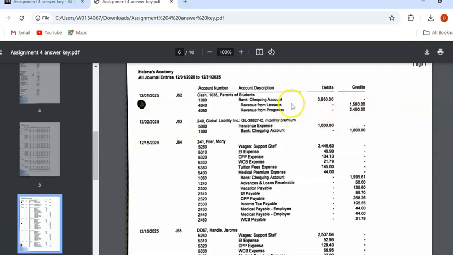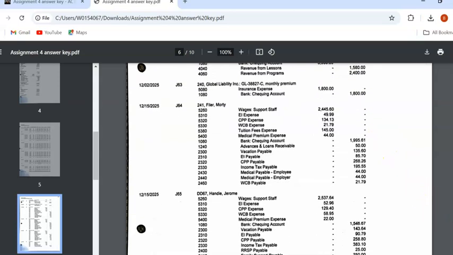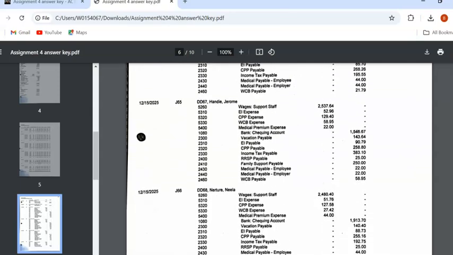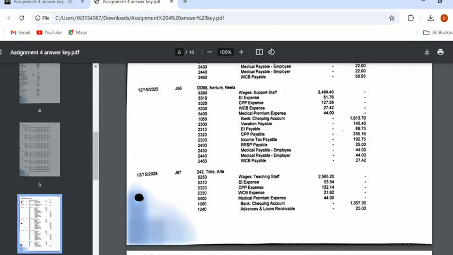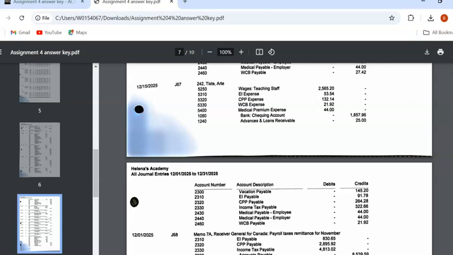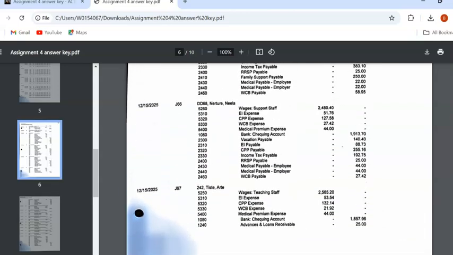The first one was parents of students, and this was a cash entry for revenue. Then we had global liability for an insurance expense. And then we got Morty and Jerome and Mila and Art. The way the company does it is these employees are paid twice a month, and the salaried employees are paid once a month.